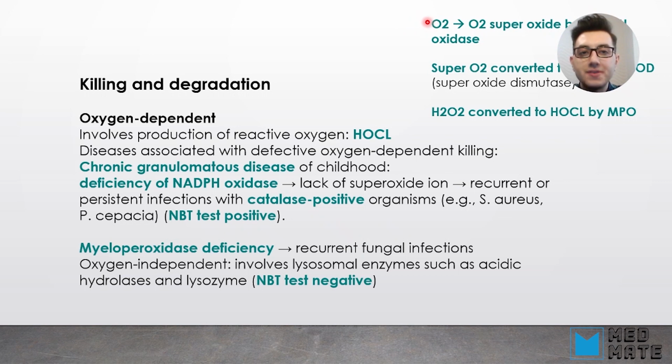So what happens here is that oxygen is converted to superoxide by NADPH oxidase, and then the superoxide is converted to H2O2 or peroxide by SOD, or superoxide dismutase, and this peroxide is converted to HOCl or bleach by MPO, or myeloperoxidase.